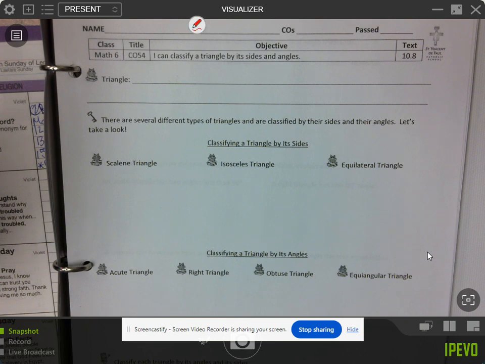So in order to classify a triangle, first thing we need to know is what is a triangle? A triangle is a polygon. Polygons are our different closed shapes. This polygon has 3 sides and 3 angles.